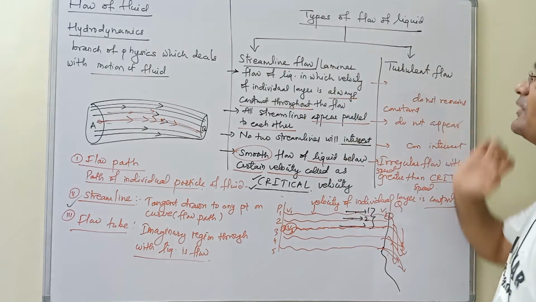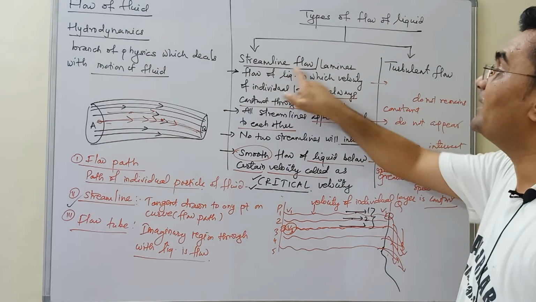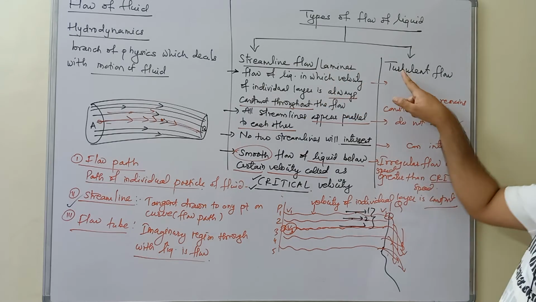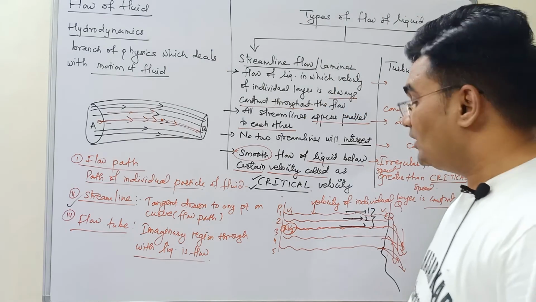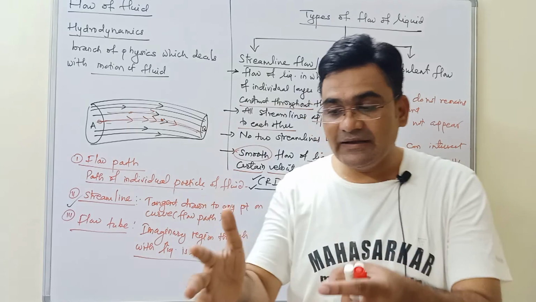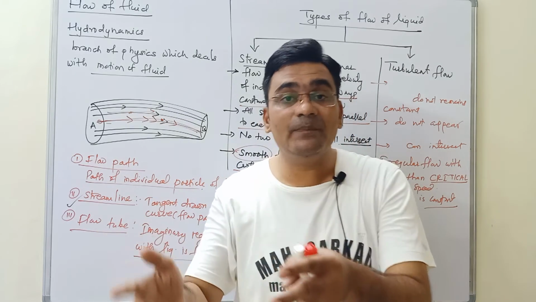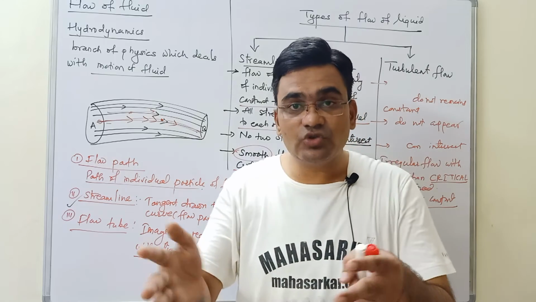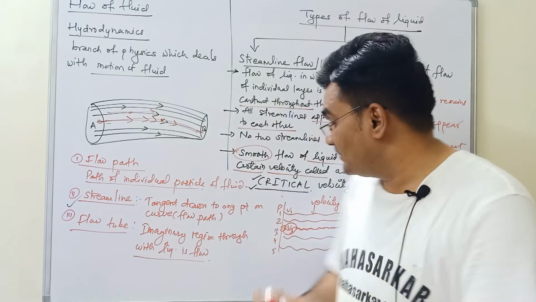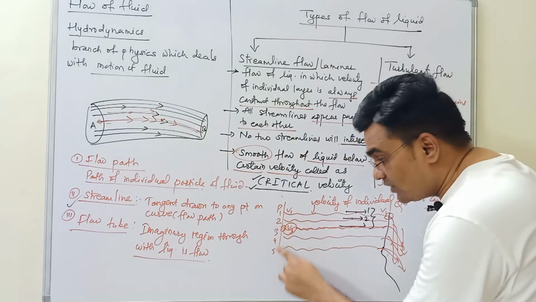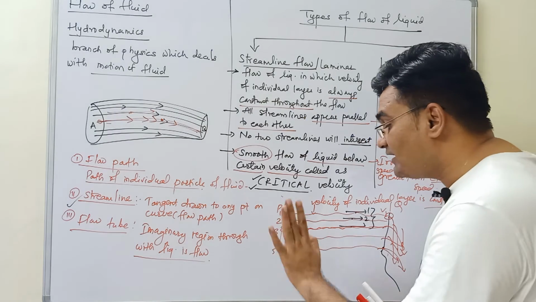Then the types of flow of liquid. There are two types of liquid flow. The first is called streamline or laminar flow. The second is called turbulent flow. If the velocity of a layer of liquid flowing from one place to another is constant throughout, not that all layers have the same velocity, the velocity of all the layers is different.